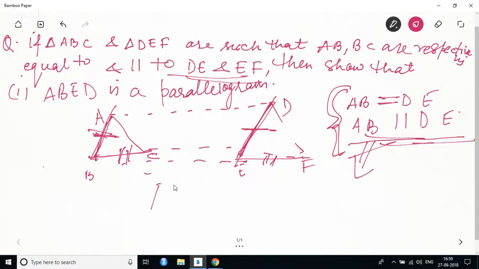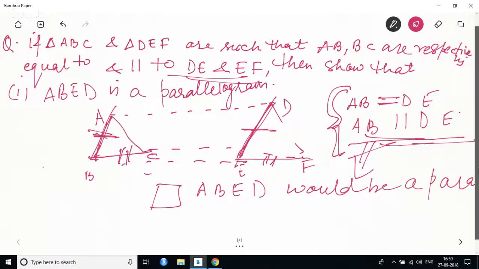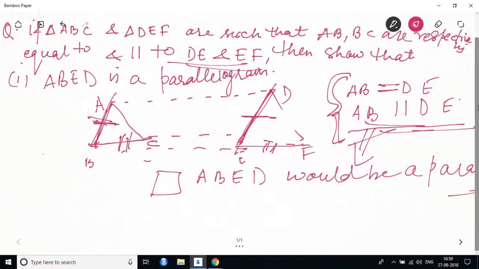Hence this quadrilateral ABED would be a parallelogram, as simple as that. Now another quadrilateral has been given, BCEF. Again here also, BC is equal to EF, BC is parallel to EF. So you just write that two sides are equal and parallel. You have been proven this.